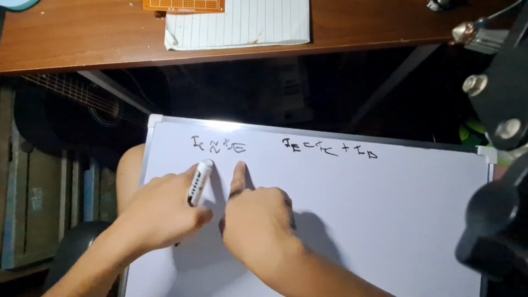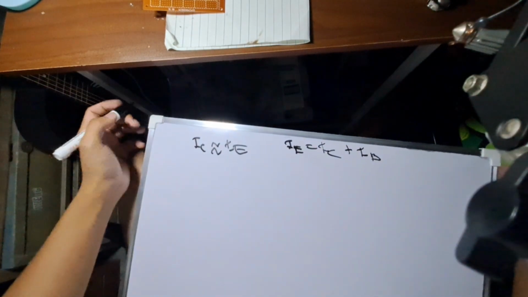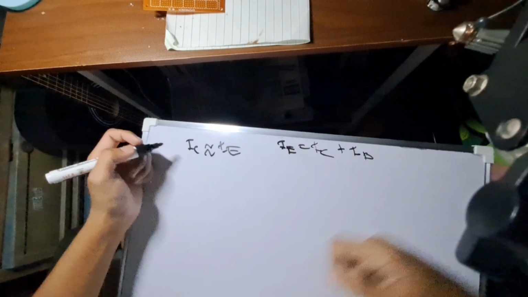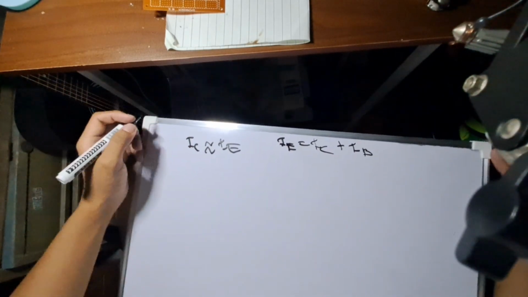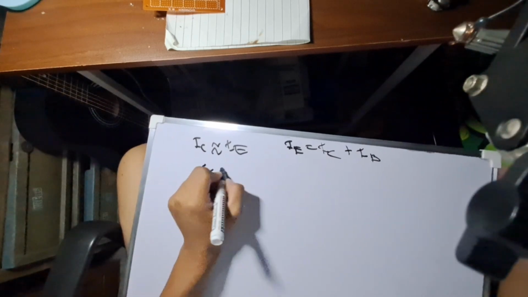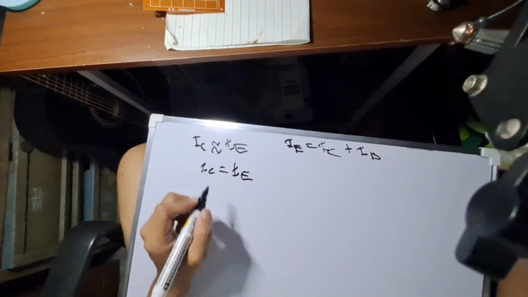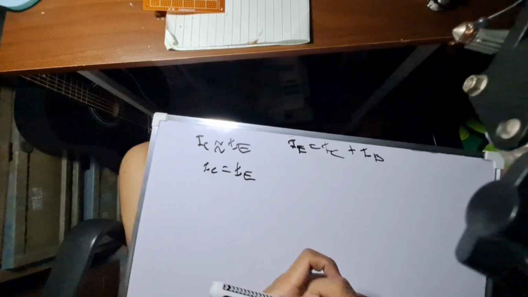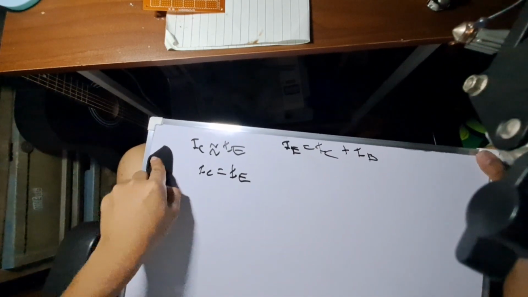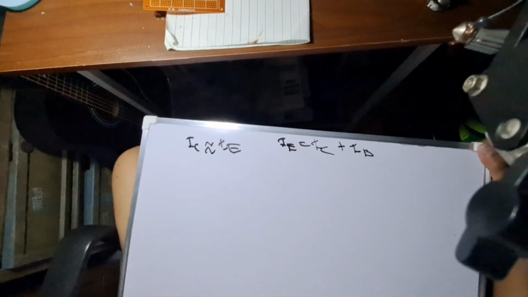Pag nakita mo to sa problem, like sinabi niya IC is approximately equal to IE, you can always denote that IC is equals to IE. Unless hindi niya sinabi, huwag mo gawin to sa problem. So pag ginawa mo yun, mamali ka.